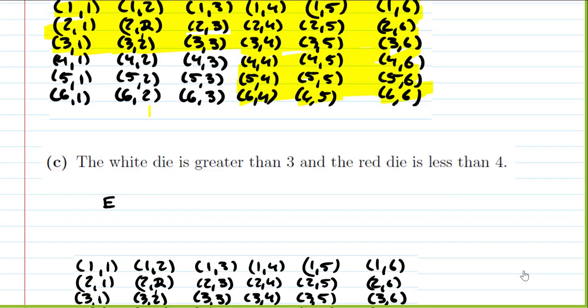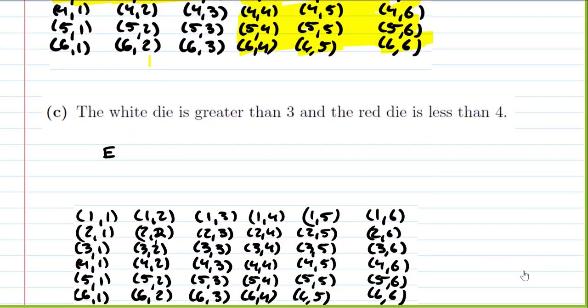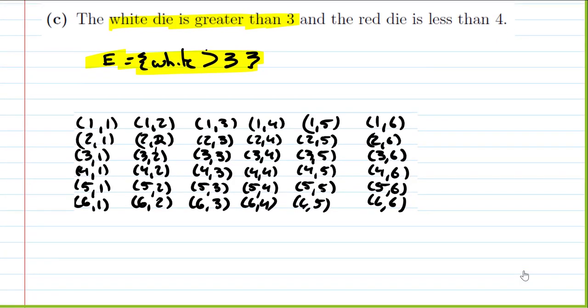in the same way. So E is going to be the set where white is greater than 3. So the white has to be greater than 3 is going to be these again. But this time we have an AND. So let's make our set F the red die is less than 4.